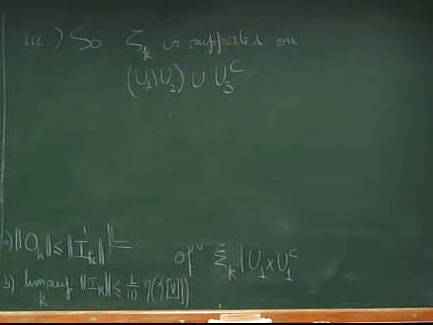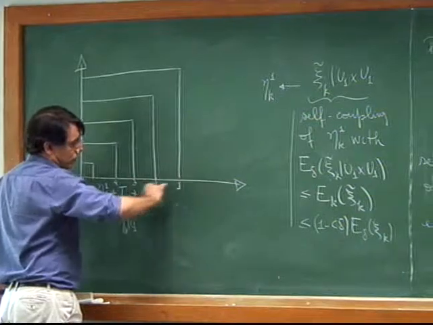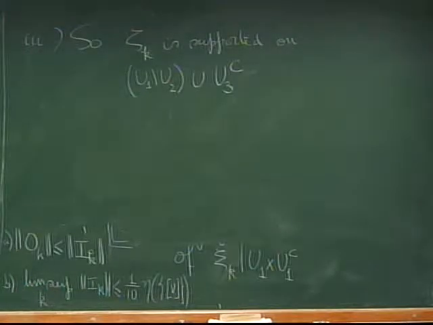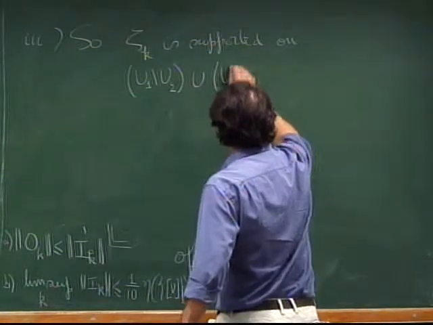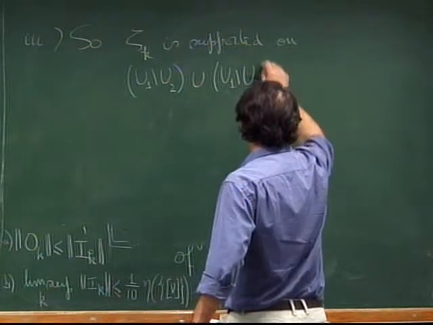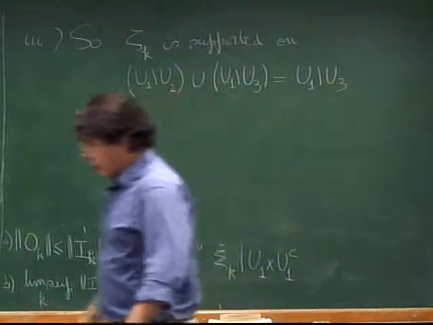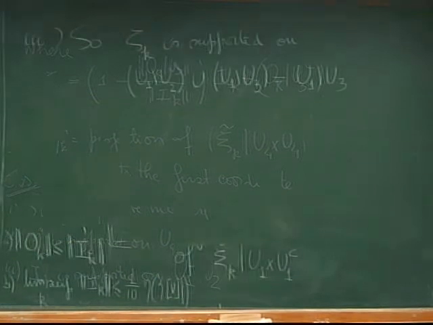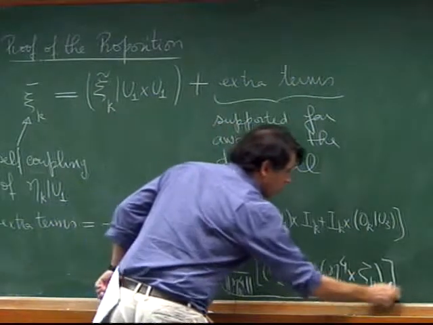Well, U1 minus U2 is this. U3 complement is here, outside. So the union gives me, in fact, U1 minus U3. Everything here is happening inside U1. So now I can tell you where this measure is supported, where it lives.